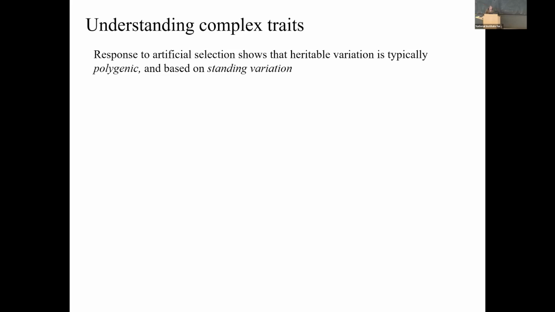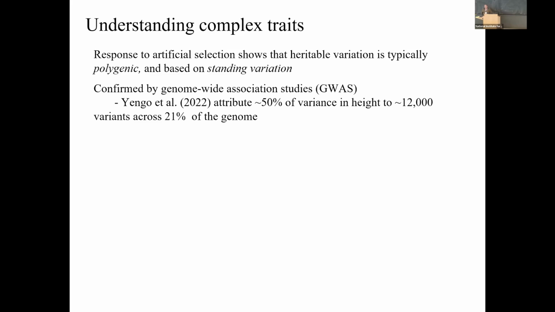Okay. So recently, this has been confirmed dramatically, I think, beyond most people's expectations. It's not just that variation in complex traits is polygenic, it's based on very, very large numbers of variants. So the classic example is human height, which is of the order of 70, 80% heritable.